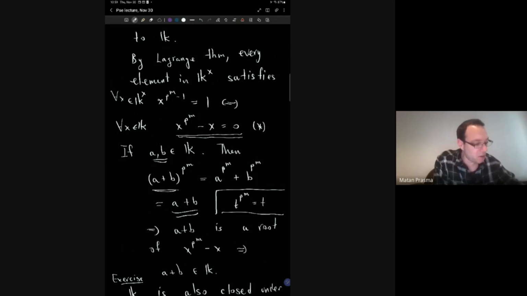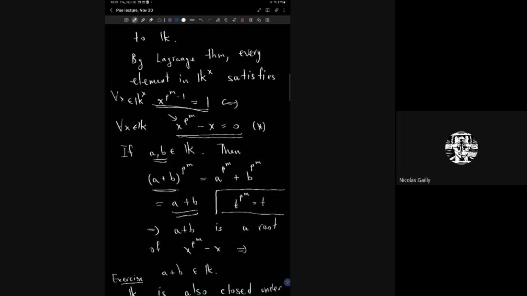All the elements of K are roots of this polynomial, right? Because by Lagrange, all the elements in K star satisfy x^(p^m minus 1) equals 1.